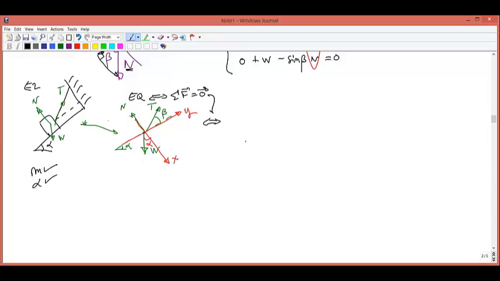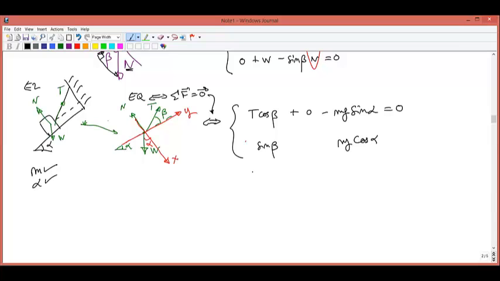Now we can express this. It's a two-dimensional problem, therefore two equations. We're going to have Tx, which is T cosine beta, plus 0, because N is orthogonal to X, minus mg sin alpha, and that's equal to 0. The Y, if one is cosine, the other one is sine. If one is sine, the other one is cosine. We just have to figure out the signs.